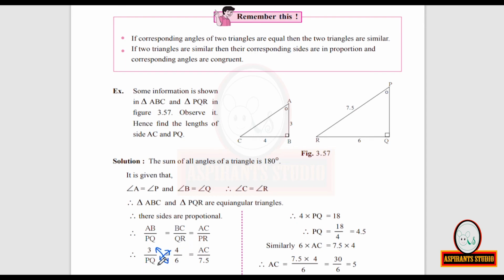So 4 multiplied by PQ is equal to 3 multiplied by 6. 3 into 6 is 18. 4 multiplied by PQ is equal to 18. Therefore PQ will be equal to 18 upon 4. 4 comes to the other side of the equal to sign, so the operation multiplication becomes division. When you divide 18 by 4, you get 4.5. So we have found out the length of PQ.